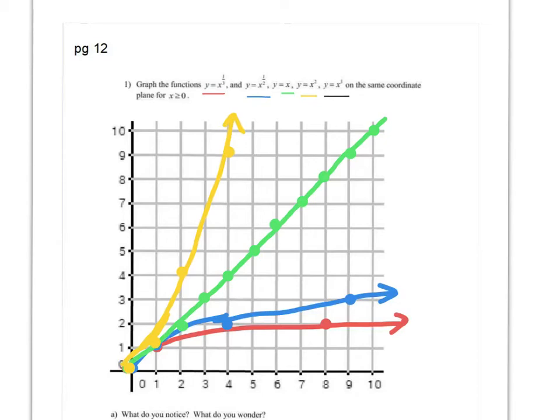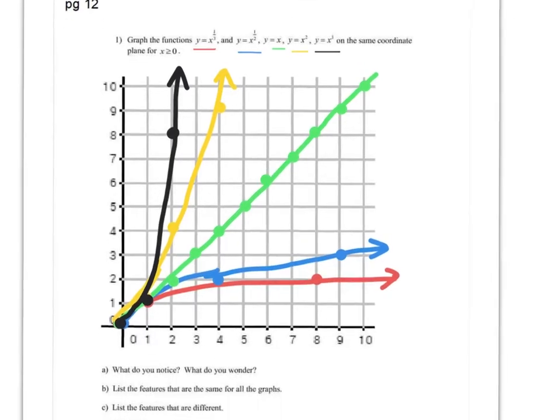And last but not least, x to the third. 0 to the third is 0, 1 to the third is 1, 2 to the third is 8, and then 3 to the third is 27. That's way off my grid. And that increases fastest. Okay, what do you notice and what do you wonder?